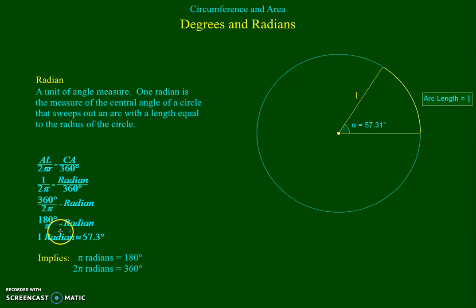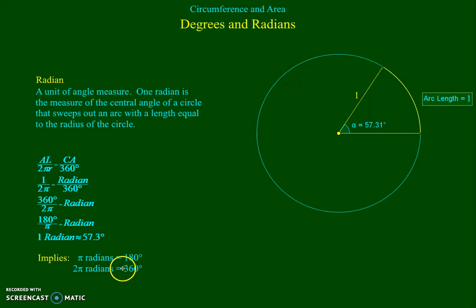The implication of this is if we take this equation and multiply both sides by pi, pi radians is equal to 180 degrees, and 2 pi radians is equal to 360 degrees. So you can see that with radians, the angles become much more closely related to pi, and they're much smaller numbers.